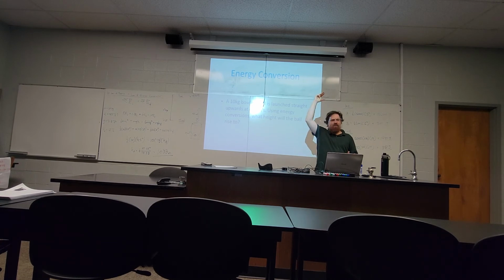So, whenever something rises and it's slowing down, like if it is a projectile, for all projectiles, KE transforms into GPE. And the inverse is true when something is descending. If you start up here, you have GPE, and it transforms back into KE on your way down.